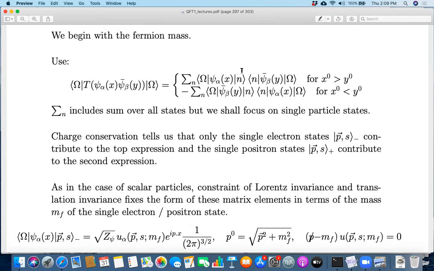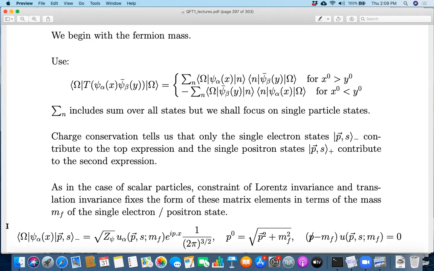And now the idea is that we will use the constraint of Lorentz invariance, as in the case of scalar field theory, to simplify this expression, to see what is the most general expression of this kind. So this I'll not do in detail; I'll leave it as an exercise. Basically, you look at this expression over here, omega psi alpha of x p.